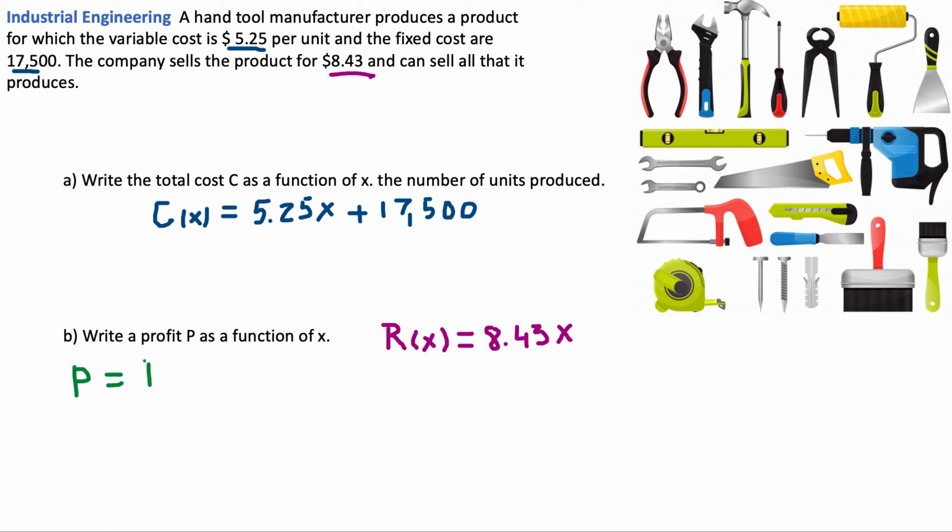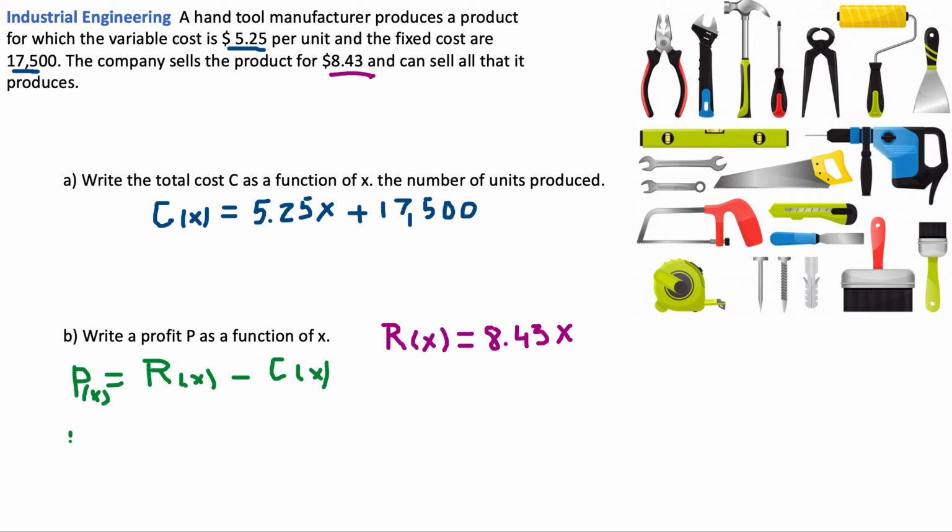R of X minus C of X, the cost. But before I go any further, let me write P of X here, because we are finding the profit as a function of X.